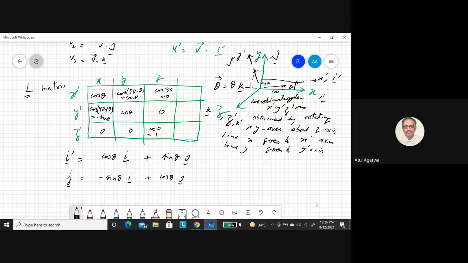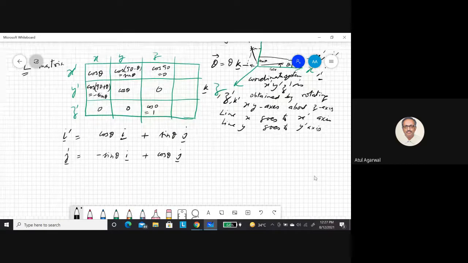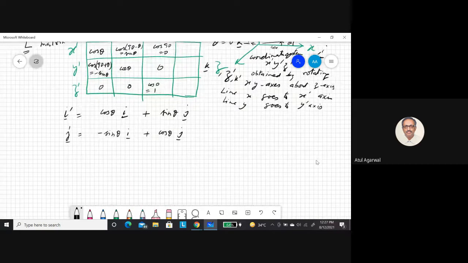So you see, this will be the projection on the y-axis, cos theta, and this will give you the projection on the x-axis. This has to be sin theta, and since you are moving in the minus x direction, you get minus sin theta i. So this way you get the unit vectors along the x prime, y prime, z prime axes, and k prime is equal to k.